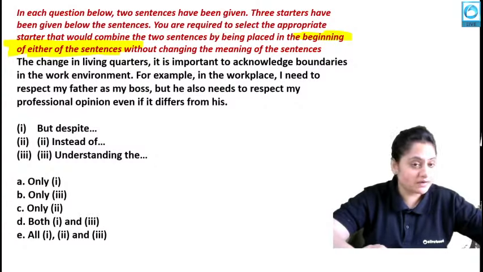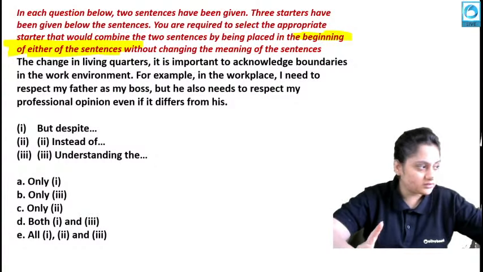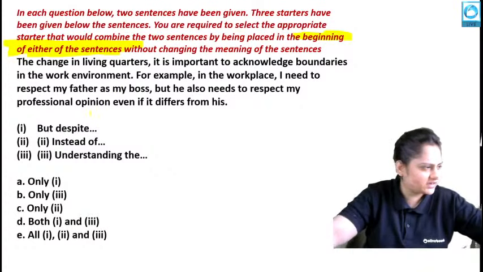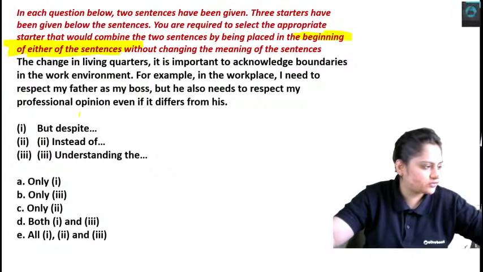Instead of means in place of something. Remember, we are giving a kind of contrast here. Yes, I think some of you might get it right. We are giving a kind of contrast here, guys, if you can make this out from this question.